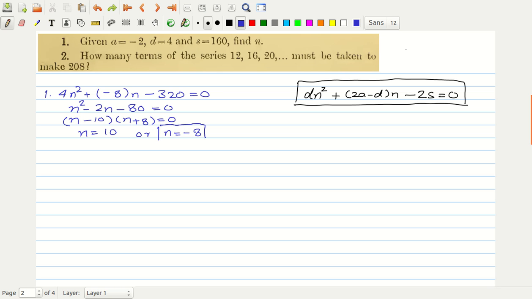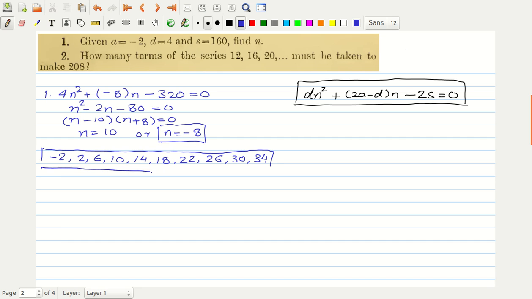Let us write this arithmetic progression up to 10 terms. We can see that the arithmetic progression up to 10 terms is written over here. So n is equal to 10 means that if you add from minus 2 all the way up to 34, you will get 160.